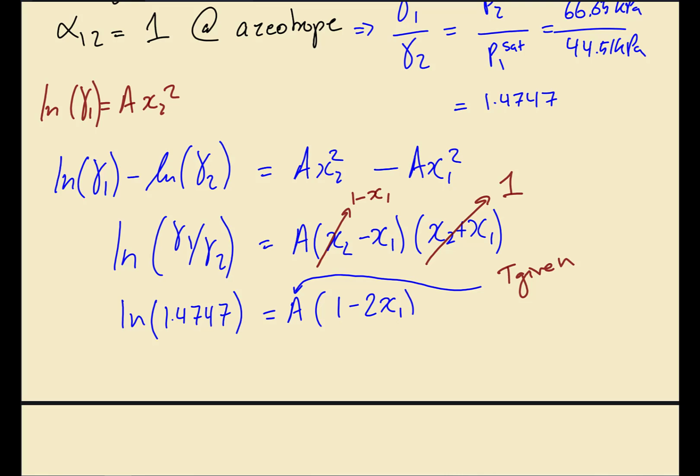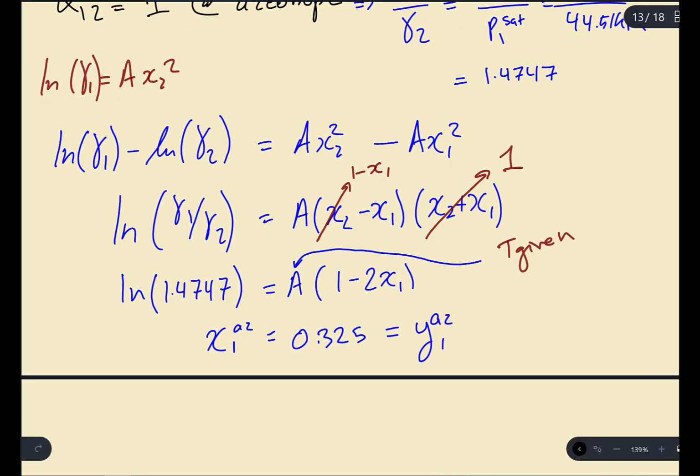So, what's that? 1 minus 2x1. This is 1 minus x1 minus x1. Okay? So then it's 2x1. Do the math, and you get that the isotrope x1 is equal to 0.325, which is equal to y1 isotrope, because x1 and y1 are equal at the isotrope.